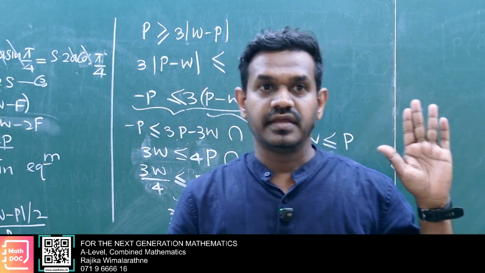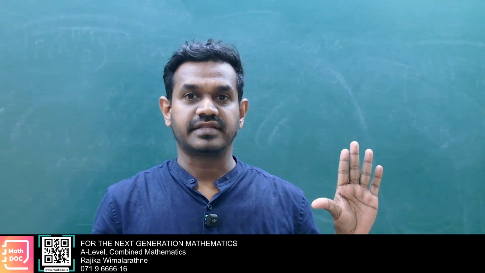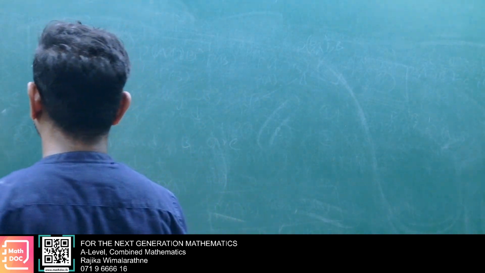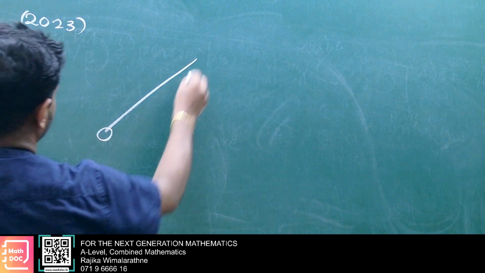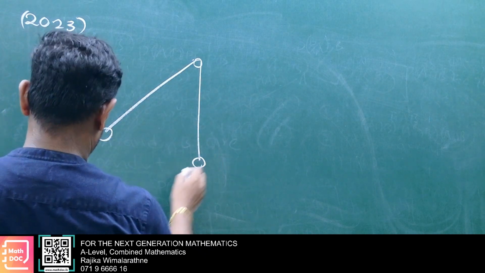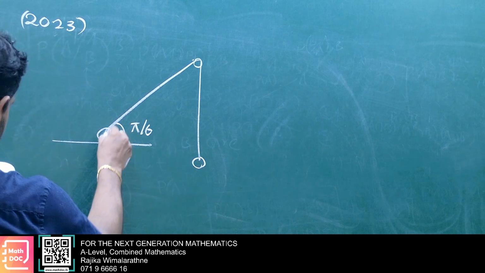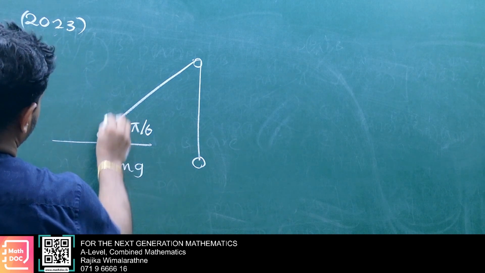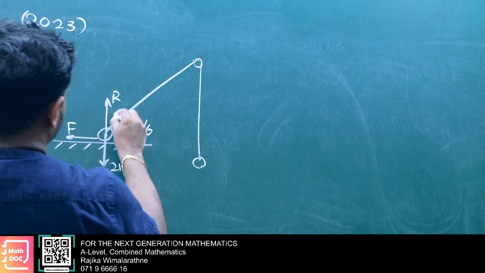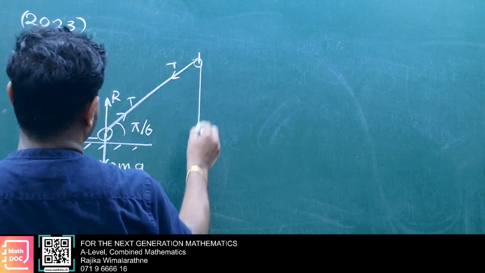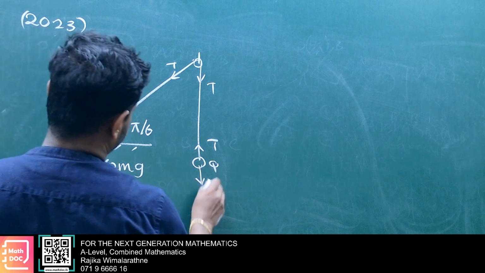Okay. Then let's move to 2023 A-level question. So here given figure, here pi divided by 6, mass 2 mg, R, here friction opposite F, here tension T, tension T, here Q, P, here mg.